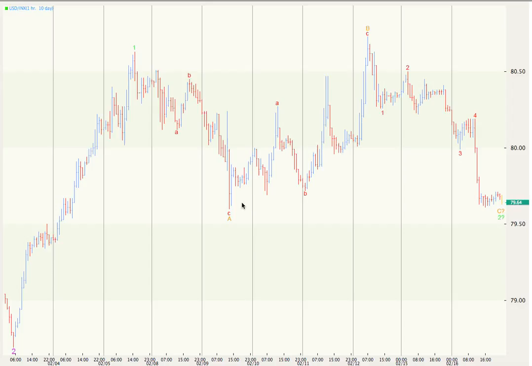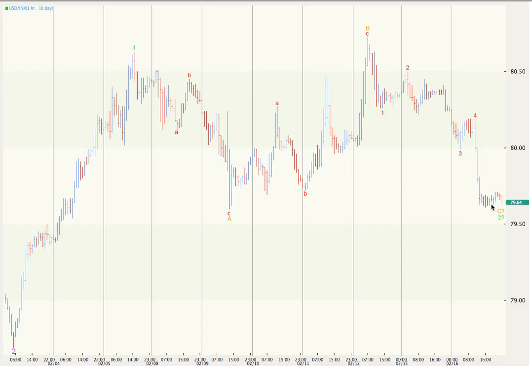Within this expanded flat correction, wave C is reaching 1.618 the length of A when it's down to about 79.06. If it gets down to there, that would be a fairly likely target for wave C, if I am correct in expecting this may be an expansion here within this third wave.